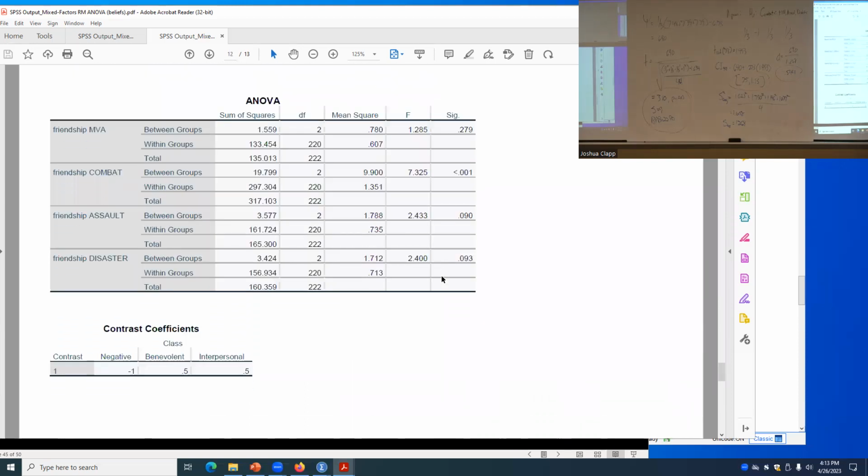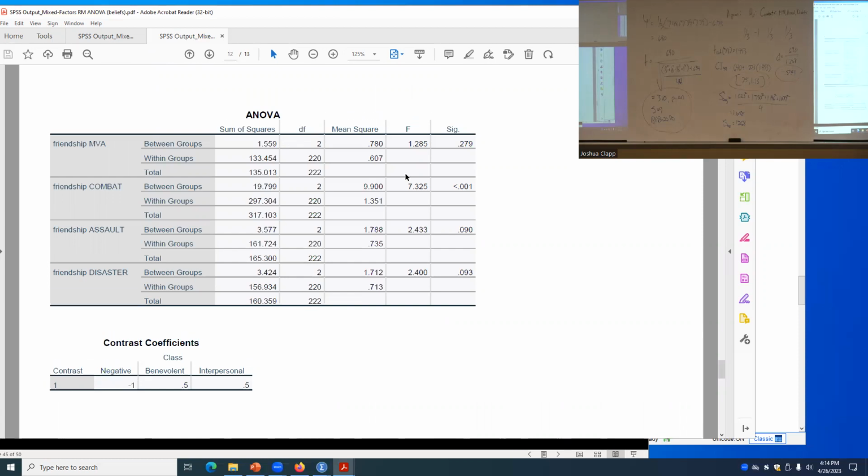As I go down and take a look at the results of my one-way ANOVA, right? That's my homogeneity of variance test. Okay, so for just my one-way ANOVA, for my ratings for motor vehicle accident survivors, am I seeing differences across my groups?